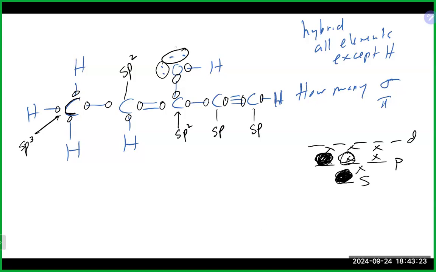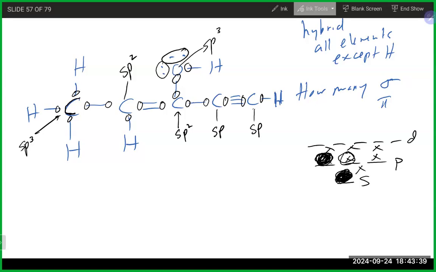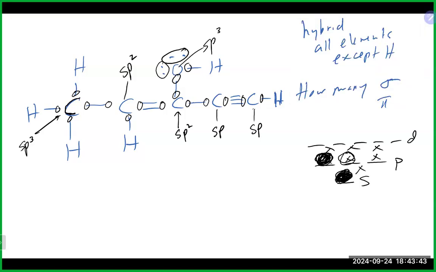So that is sp3 hybridization of that oxygen, exactly like what we saw in water. Any questions on any of the hybridization there? It does actually. It can count as essential atoms.